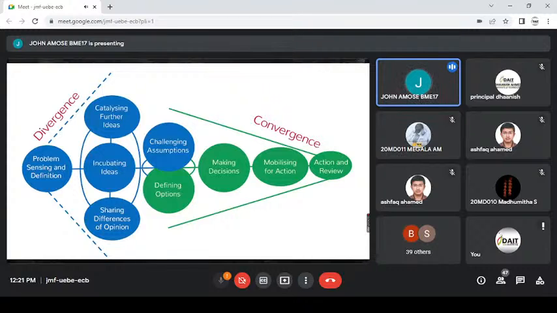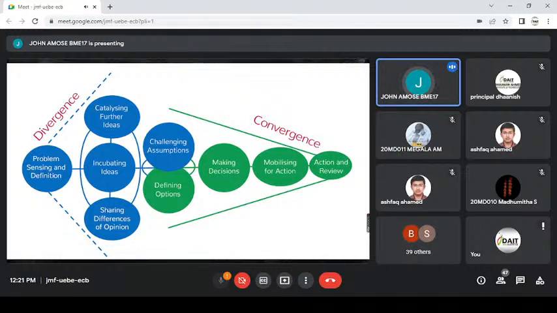Then you start to narrow down. Like I said, on the whiteboard you have 50 solutions. Now you have to narrow it down. So your critical thinking process starts and you're trying to evaluate the pros and the cons. Then you're challenging different assumptions you had already made. You're defining what options you have. Then you're starting to take a decision.